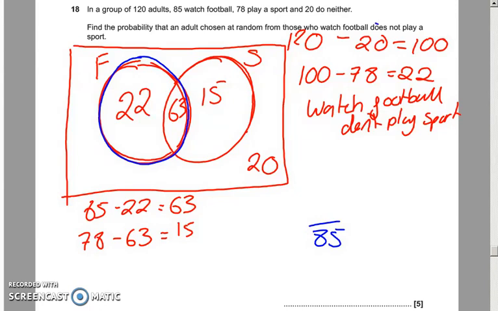We want this last bit, does not play a sport. Okay, that's the 22, because that's 63, those people could still play a sport. So 22 over 85, does that simplify? No. That is your final answer.